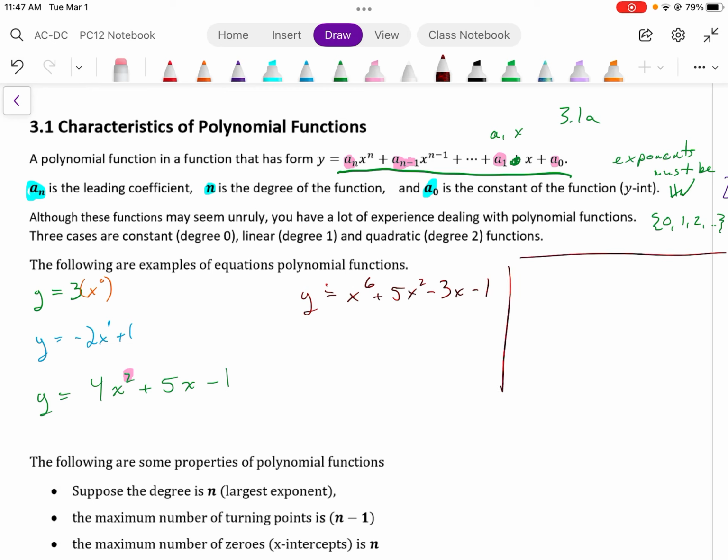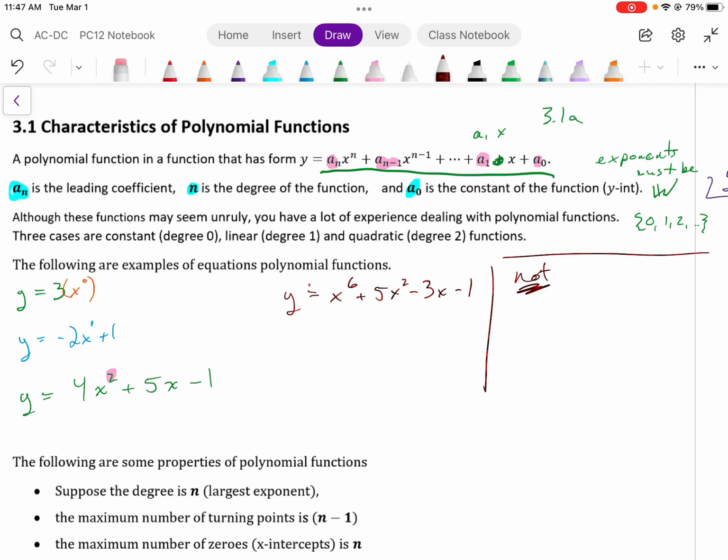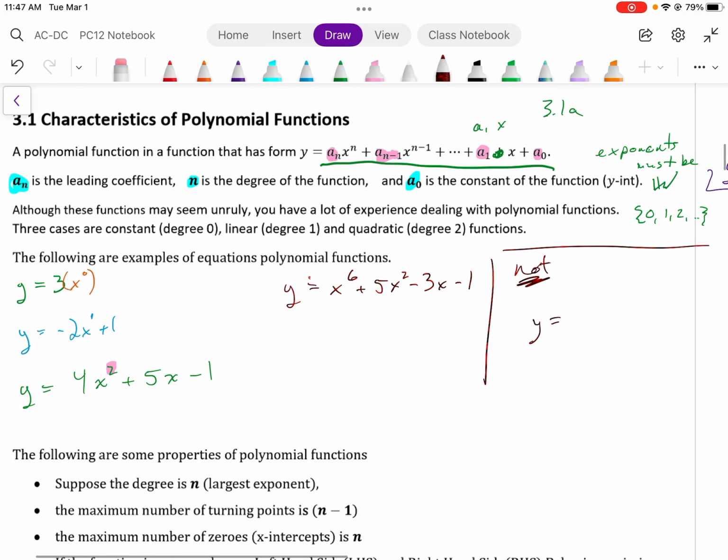Now, allow me to write what is not a quadratic function, or sorry, a polynomial function. My mistake. What is not is, for instance, if we have a negative exponent. Y is equal to x to the power of negative 2 is not a polynomial function simply because the exponent is a negative number. But more generally, all of our exponents need to be whole numbers.